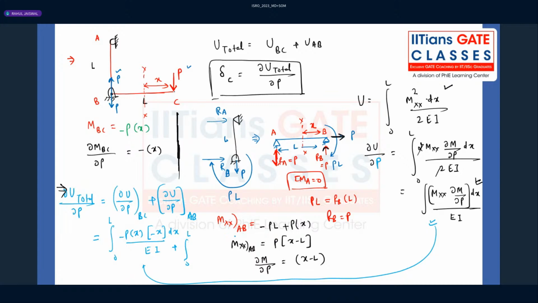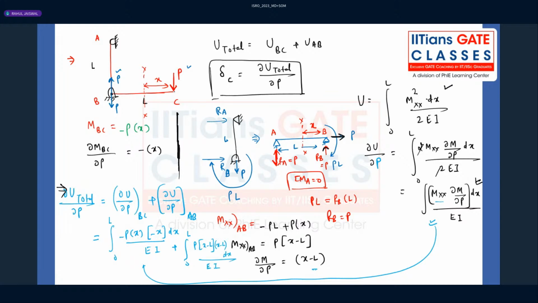What is the moment? P into X minus L. And dou M by dou P for the AB member is X minus L, into dx divided by EI.